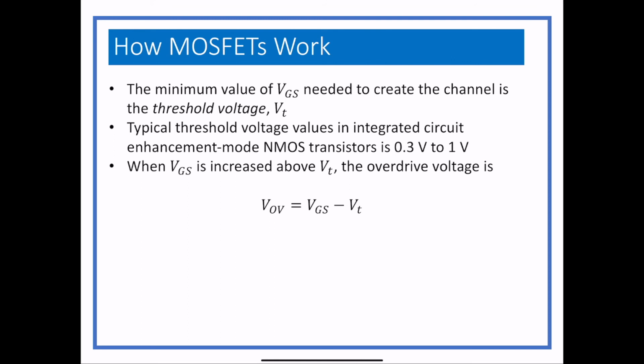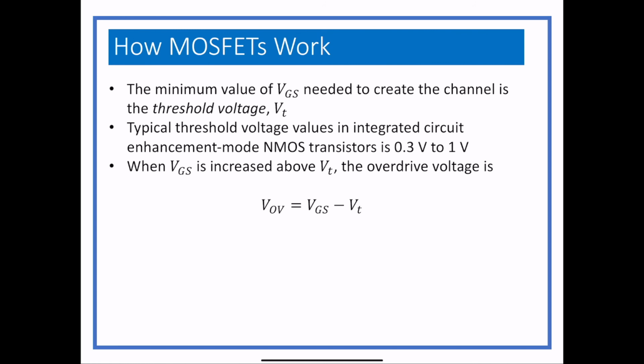You might imagine that if you have a metal and an oxide and a channel, you might be able to form some kind of capacitance between those two areas. If you think about it, if you have the metal or the gate, that's going to be positive.